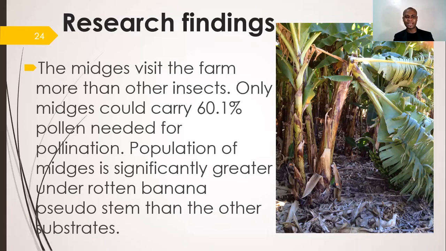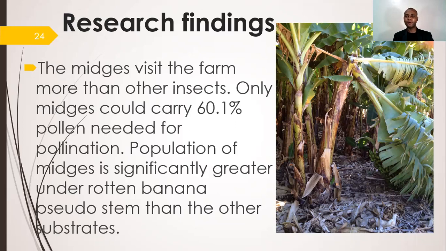And they breed in rotten banana pseudostems and other substrates, okay? So research has shown that bananas are the most friendly media for the multiplication of midges on cacao farms.